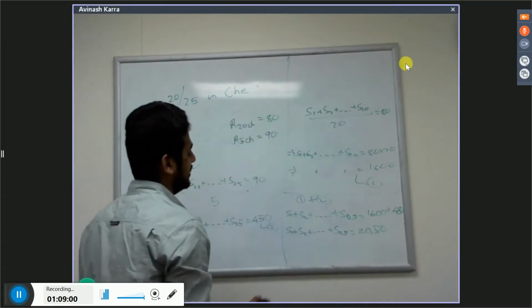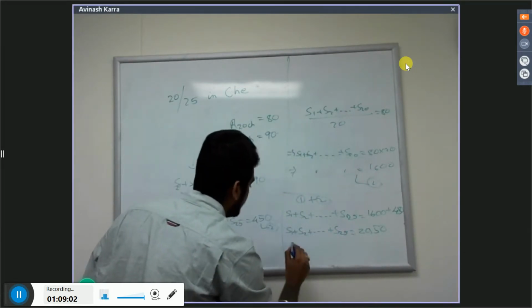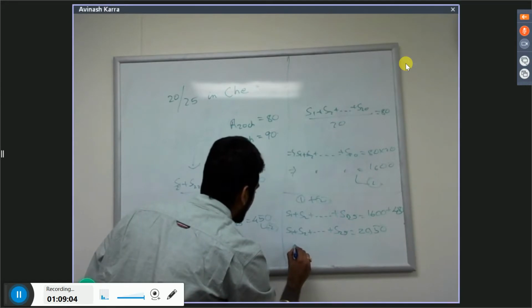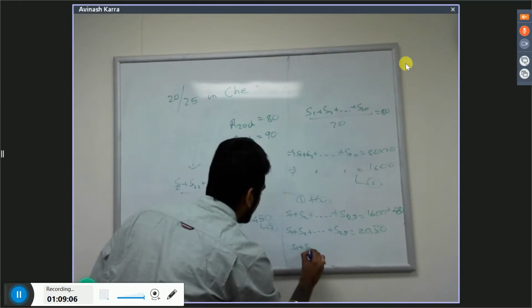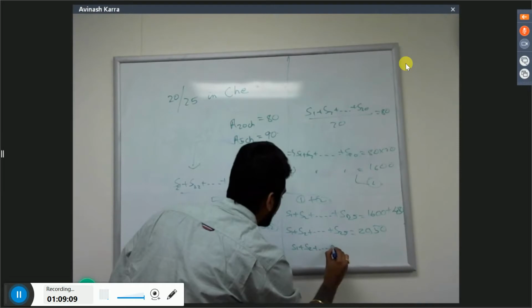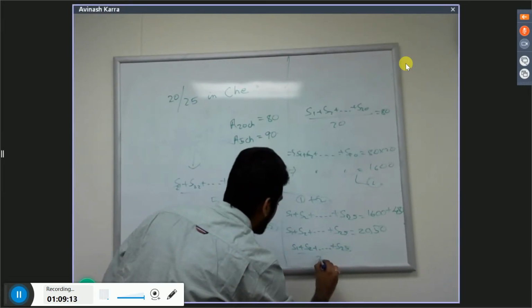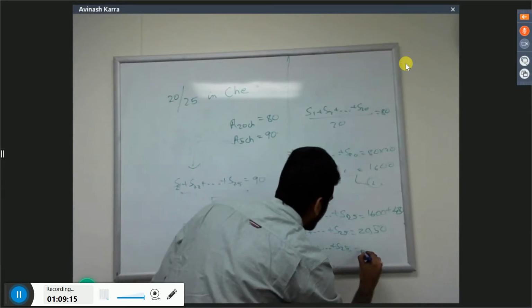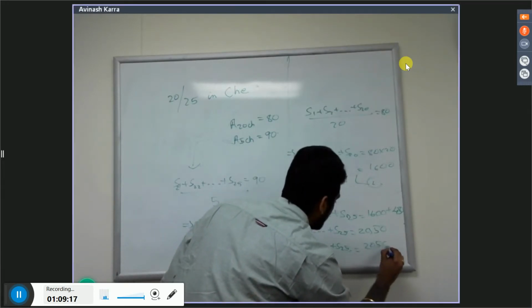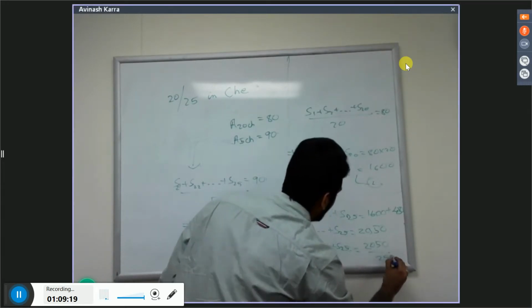So the average is nothing but dividing by 25. S1 plus S2 plus so on to S25, by 25, is equal to 2050 by 25.